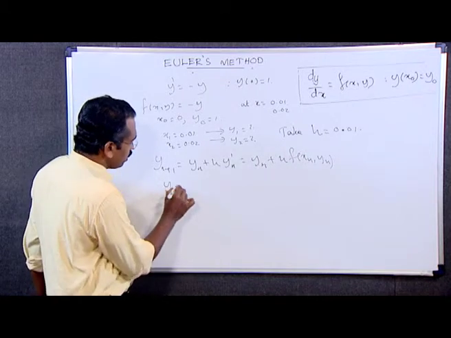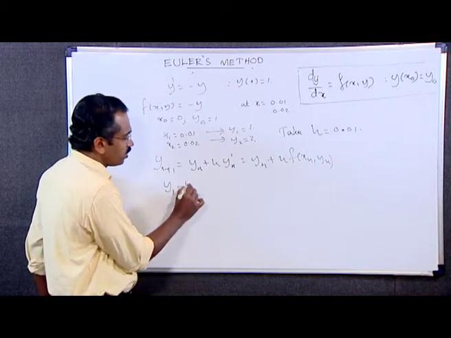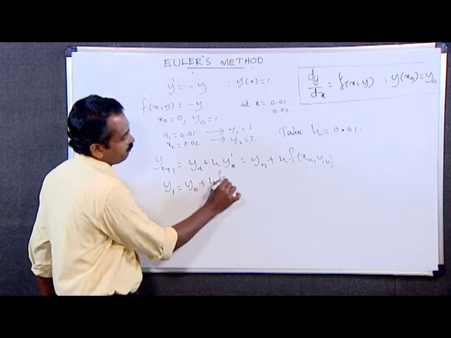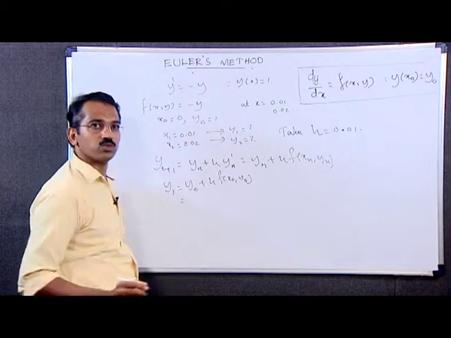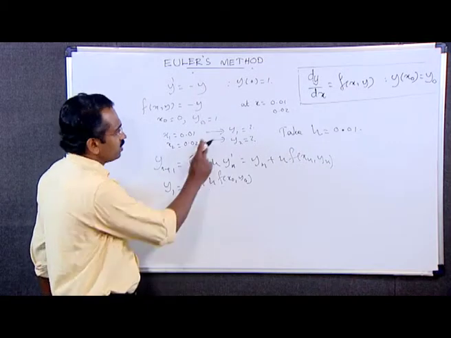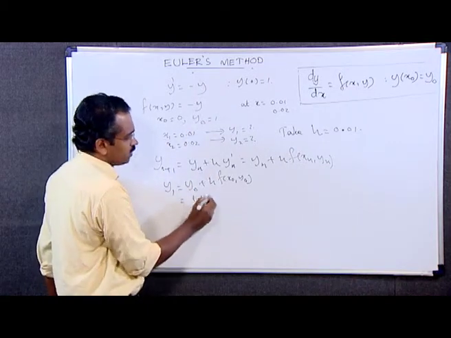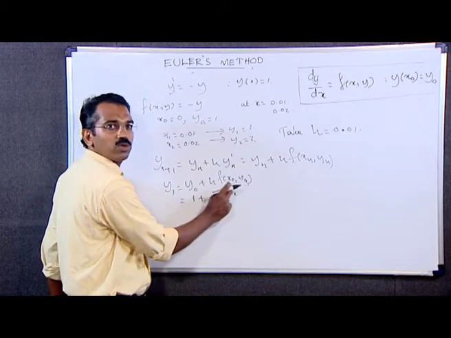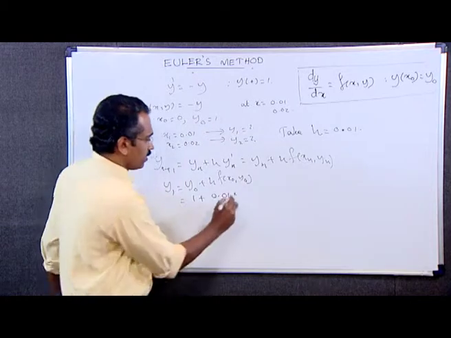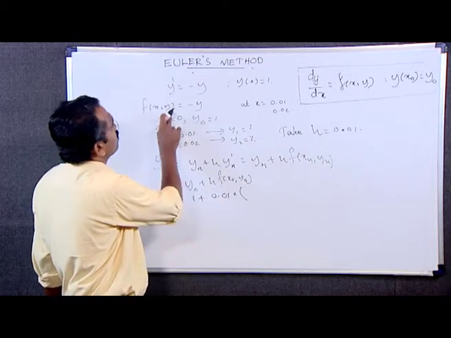Therefore, y1 is equal to y0 plus h into f of x0, y0, which is equal to y0 is 1 plus h is 0.01 into f of x0, y0. In this case f of x, y is minus y.